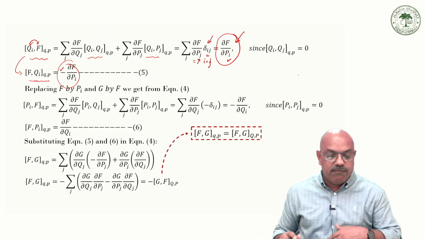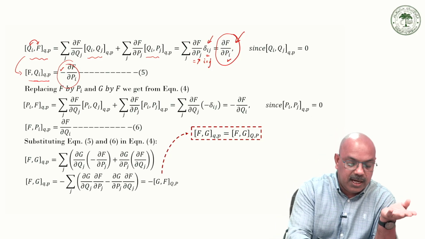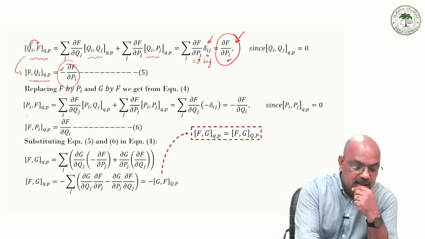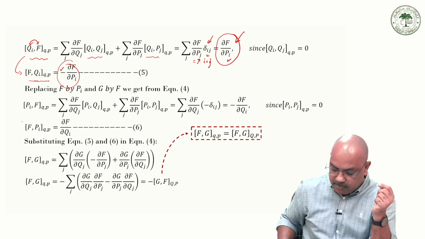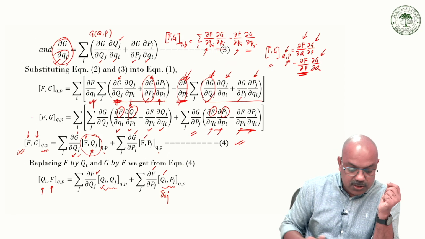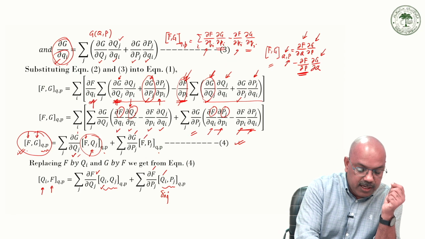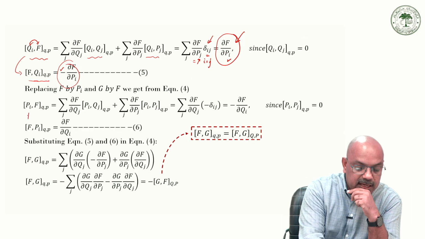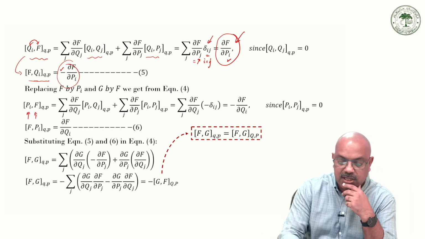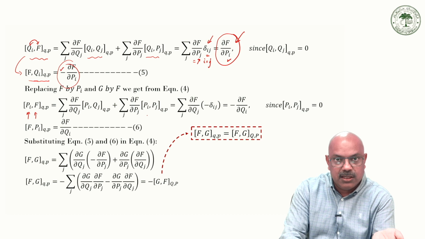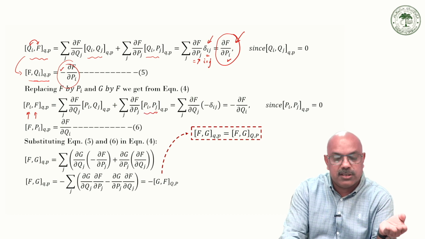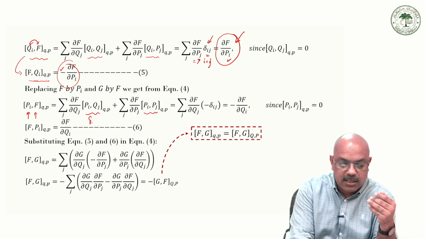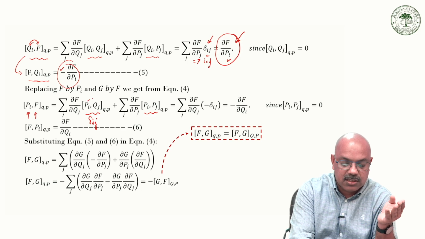Now in the same way, if I replace, now this was F, this is my F by P, and this G by F. So now F by P and G by F. If I do this, it is the same as we did for the Q case. So {P, P} is going to be 0, and this is going to be my δij, because this is Pi and Pj.